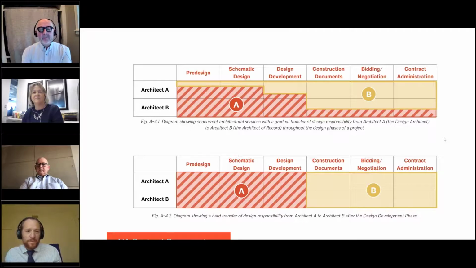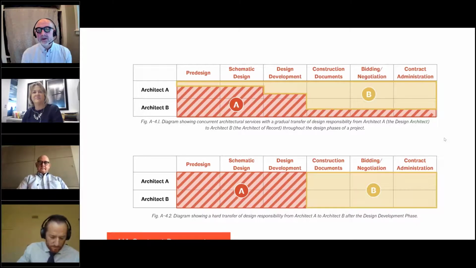Like I said earlier, we're very embracing of collaboration. We think that through collaboration we can create better projects. But there are circumstances where it really necessitates that hard transfer. I certainly like the clarity of that from a risk management point of view.